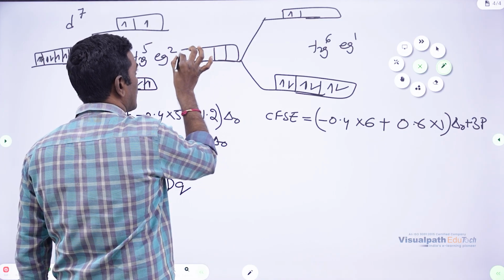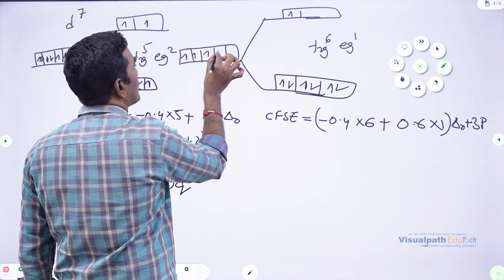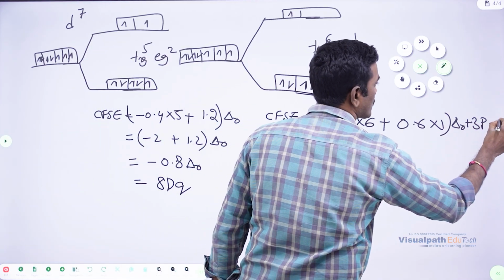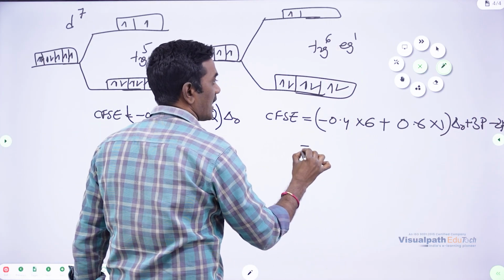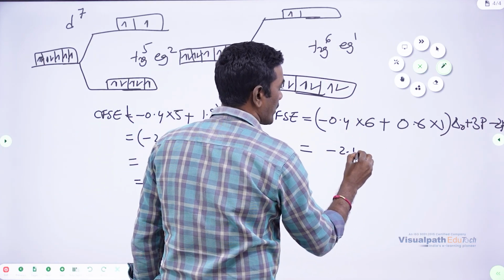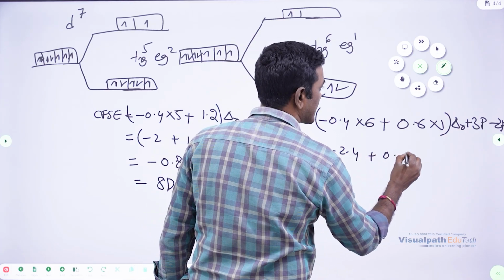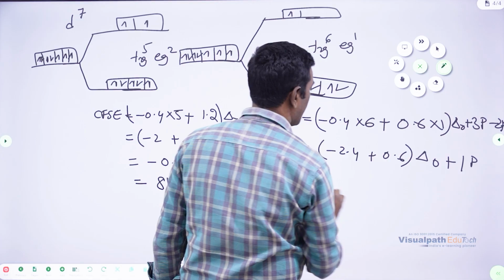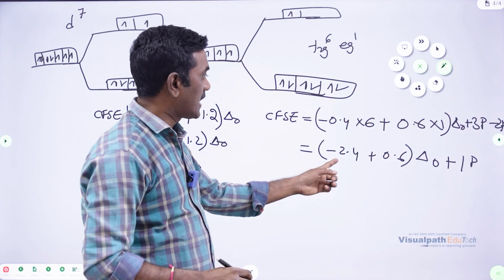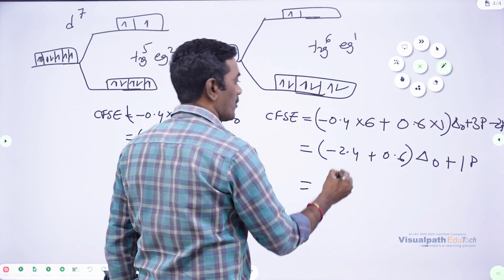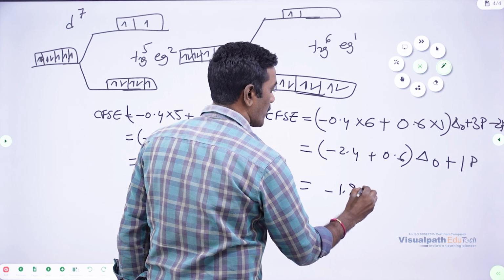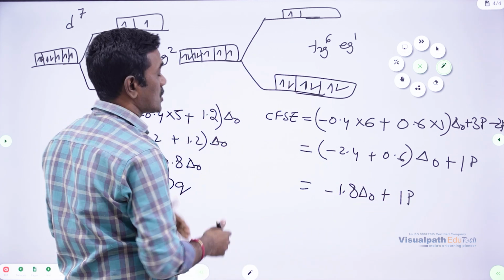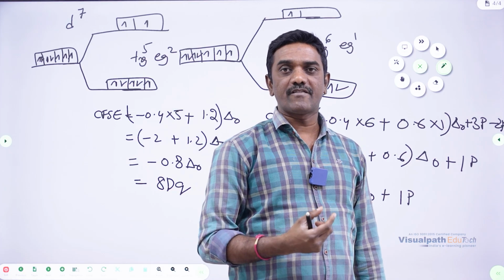One, two, three, four, five, six, seven. 2 pairs are already there, minus 2P. And here 2.4 plus 0.6 delta naught plus 1P only. If you look carefully, it is going to be minus 1.8 delta naught plus 1P.